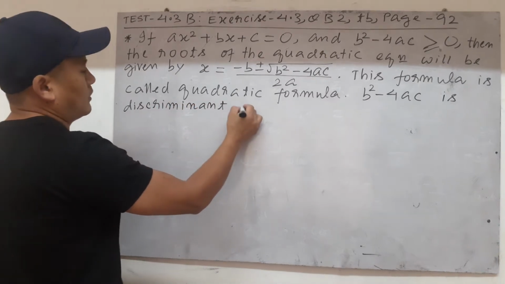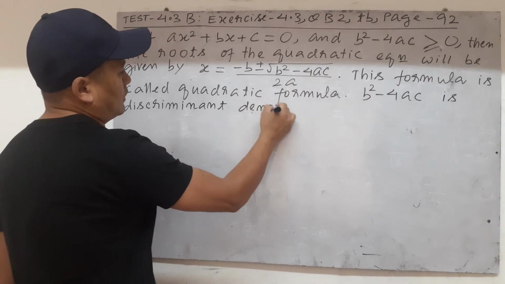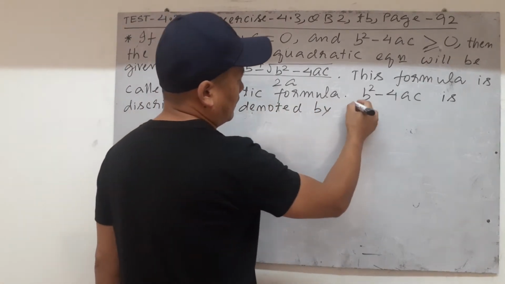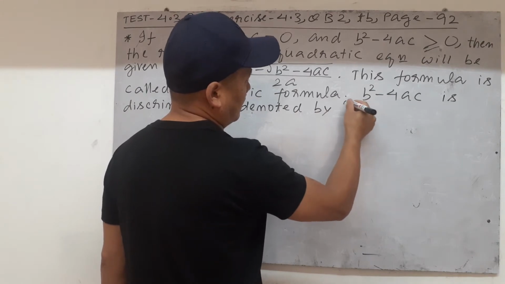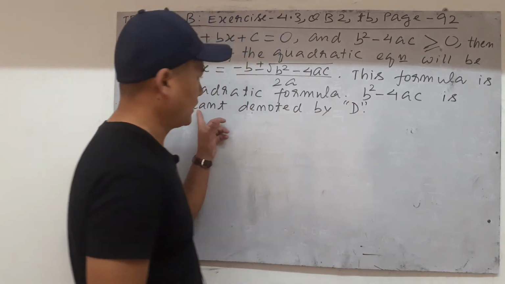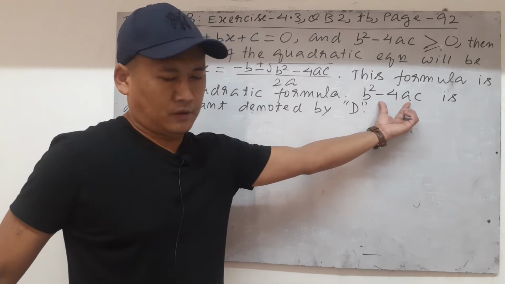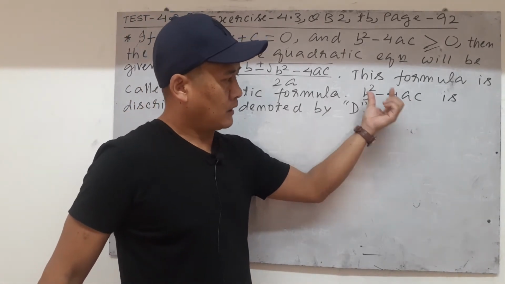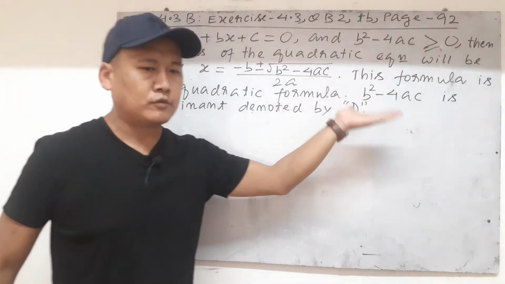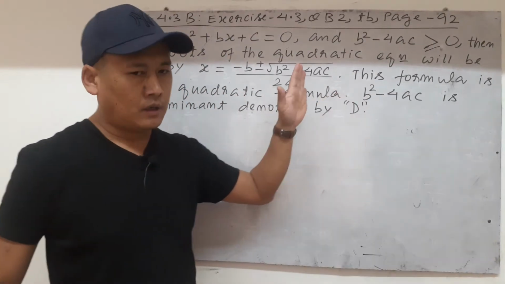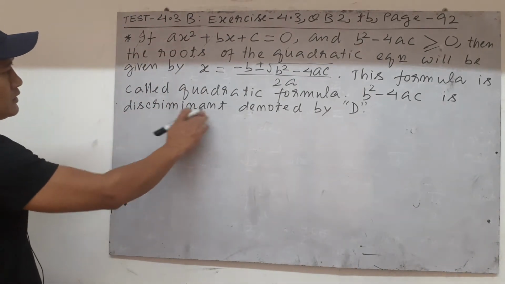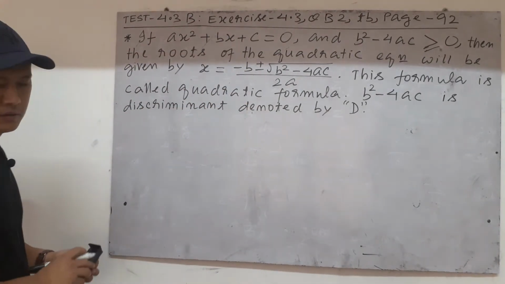Discriminant, denoted usually by the English letter capital D. The word discriminant means it will tell us whether the given quadratic equation has roots or not, number one, and if they have roots, what type of roots they have. Okay, so keep this in mind and memorize this formula.